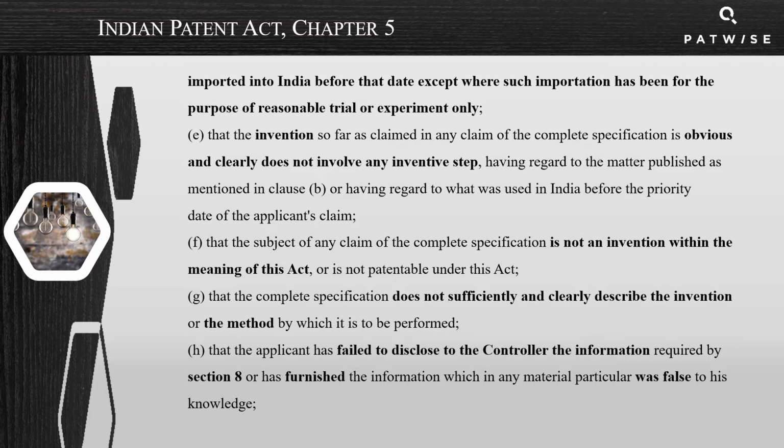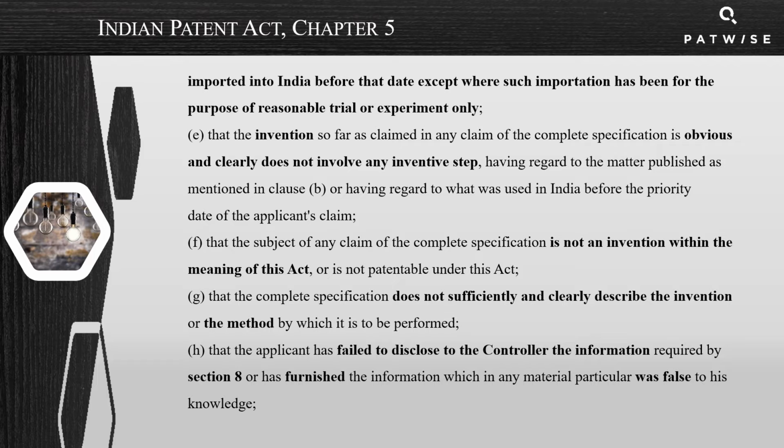If the invention is not as defined within the meaning of the act, so it's not new, it is not what a patent can be within the meaning of the act, then that can also definitely be a ground for filing an opposition.